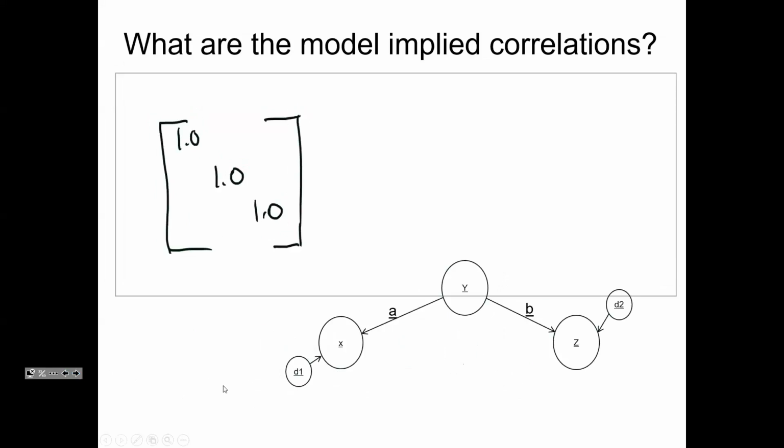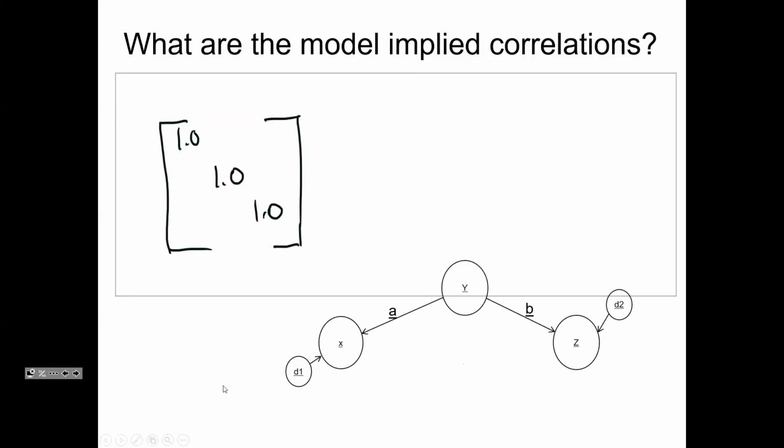And here we go. In our third model, we've got Y predicts X and Y predicts Z. And what's the model predicted correlation between X and Z? AB, right? So in all three of these cases, the relationship between X and Y is A, and the relationship between Y and Z is B. I thought that was kind of obvious.